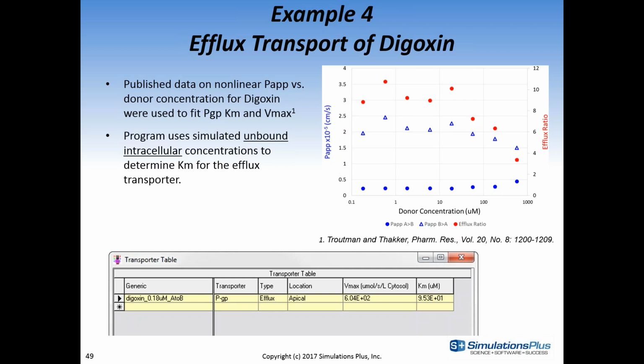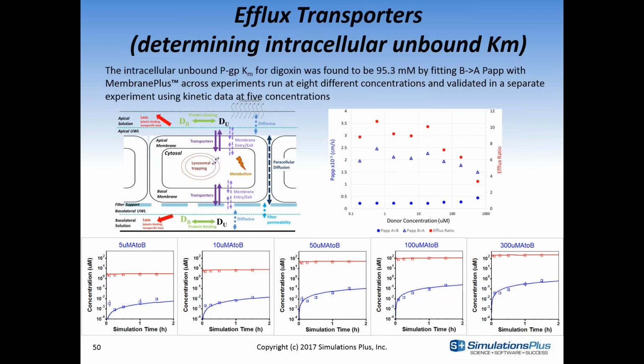So what we did is we collected our own kinetic data for Digoxin in a Caco-2 experiment. We wanted to see if the same Km that we got from the Troutman and Thakker paper was predictive of the kinetic data that we had obtained from the Caco-2 experiments itself.